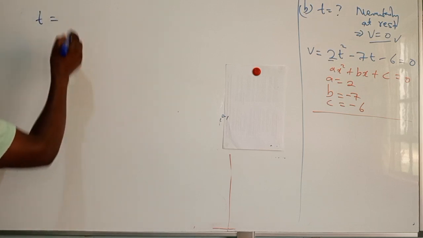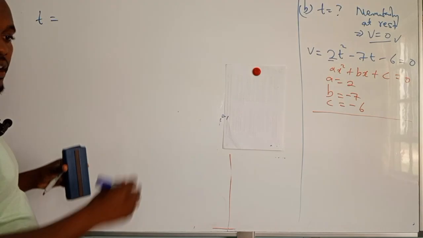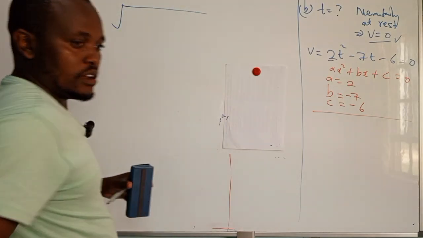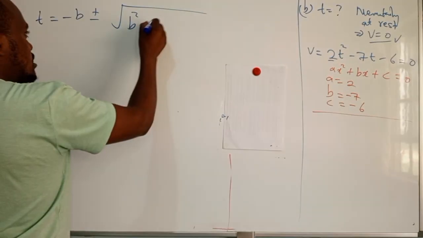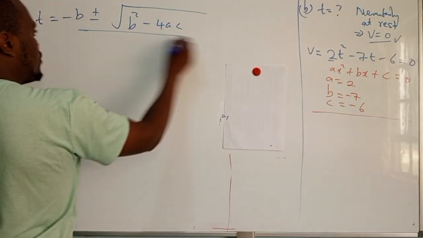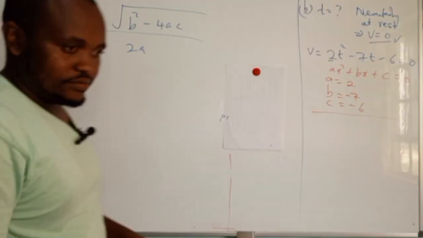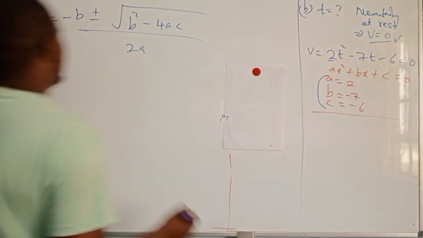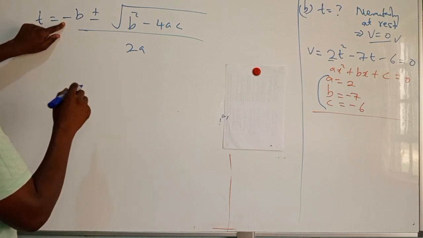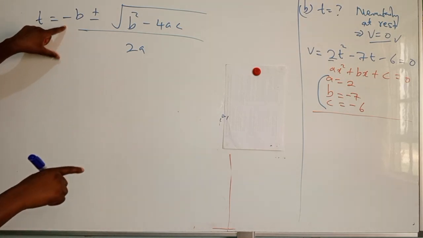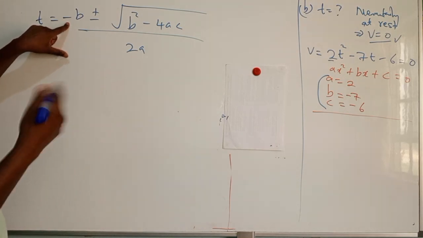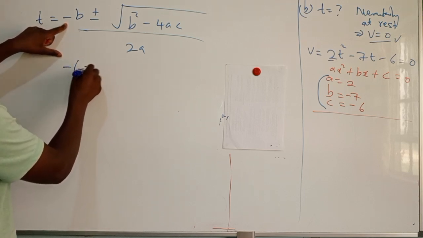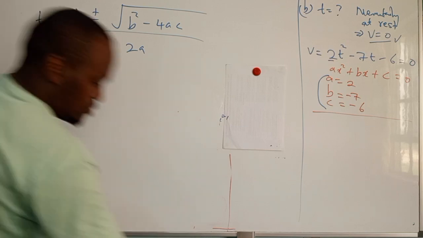So t is equal to negative b plus or minus the square root of b squared minus 4ac over 2a. So you just fill this in. Where b is negative 7, what is negative b? It is 7. So you can say negative then negative 7, or you can say now it is positive 7.